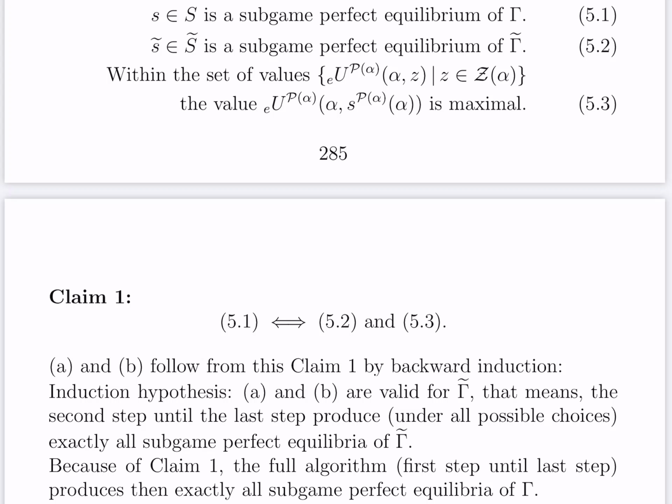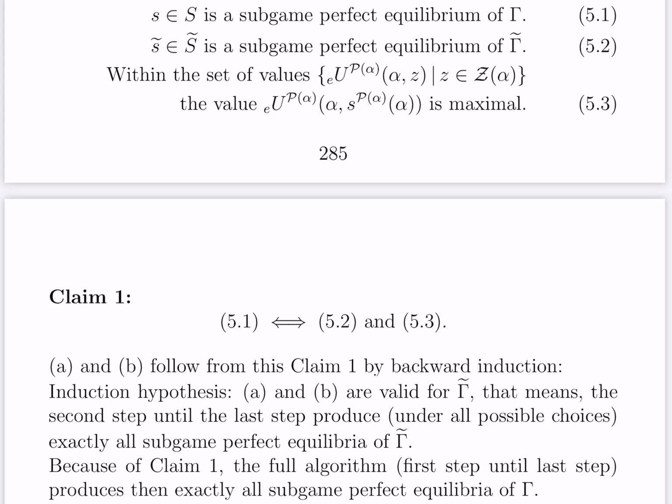But then we know that S tilde is a result of the backward induction for the steps 2 to the last step, and this move after alpha is a result of the first step of the backward induction. So we get this pair of S tilde and this move as a result of backward induction, so we get S as a result of backward induction.